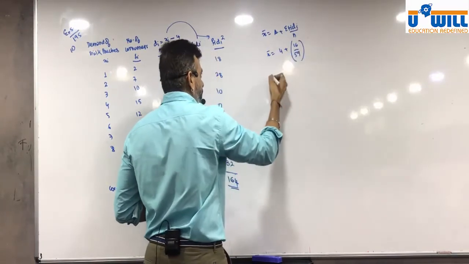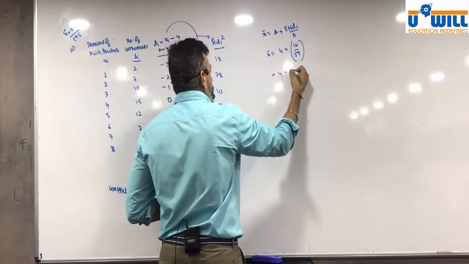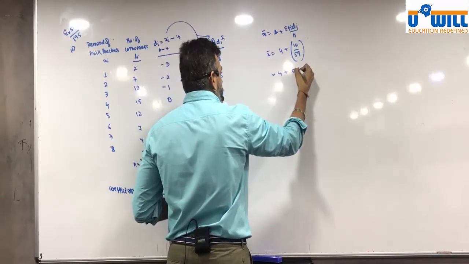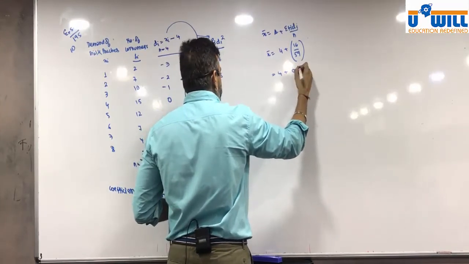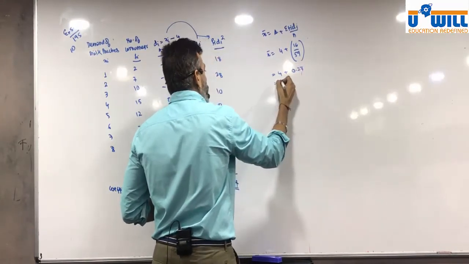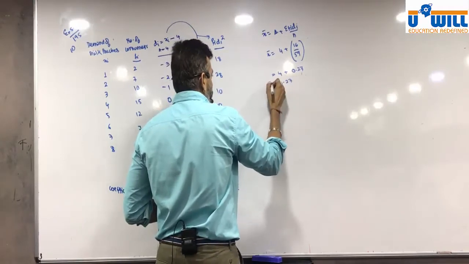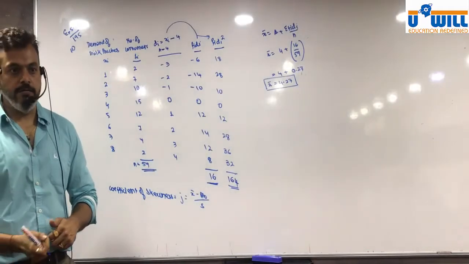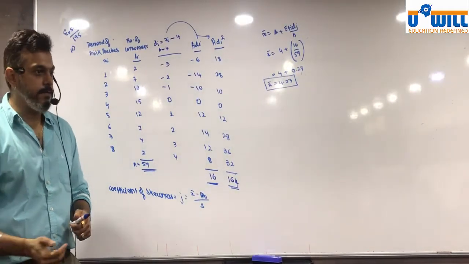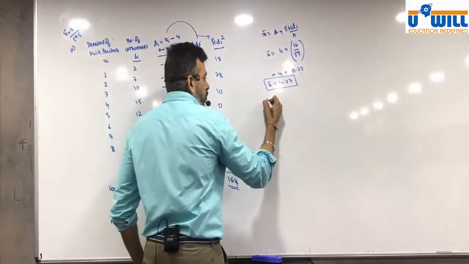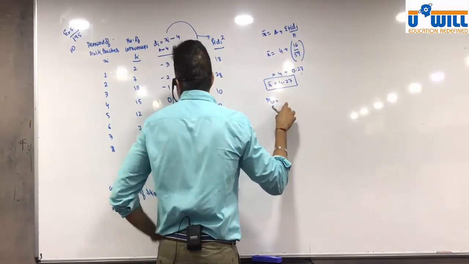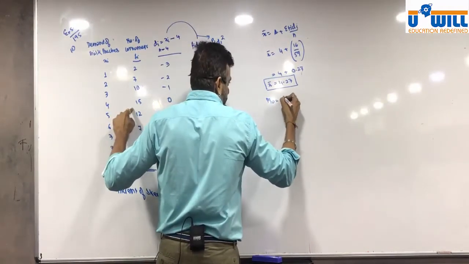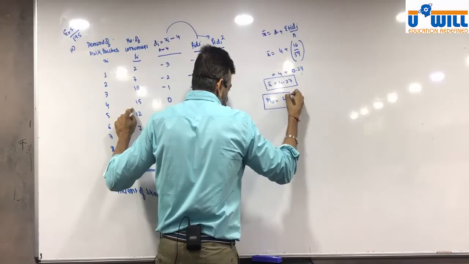Always write this in bracket. 0.27, so it is 4.27, which is mean. See, as such, mean came in fraction, so direct method was of no use. Then mode is variable with the highest frequency, so mode is equal to 4.